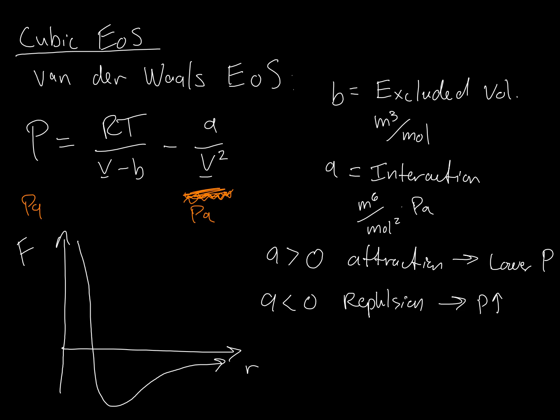Now, the reasoning behind that has to do with van der Waals interaction forces. So this part right here is attractive on the order of minus 1 over r to the 6th. This is where we get the name 6-12 Lennard-Jones potential. So the molecules want to attract to one another. And this is a theoretical prediction that you can show, that the attractiveness follows this, 1 over r to the 6th power.